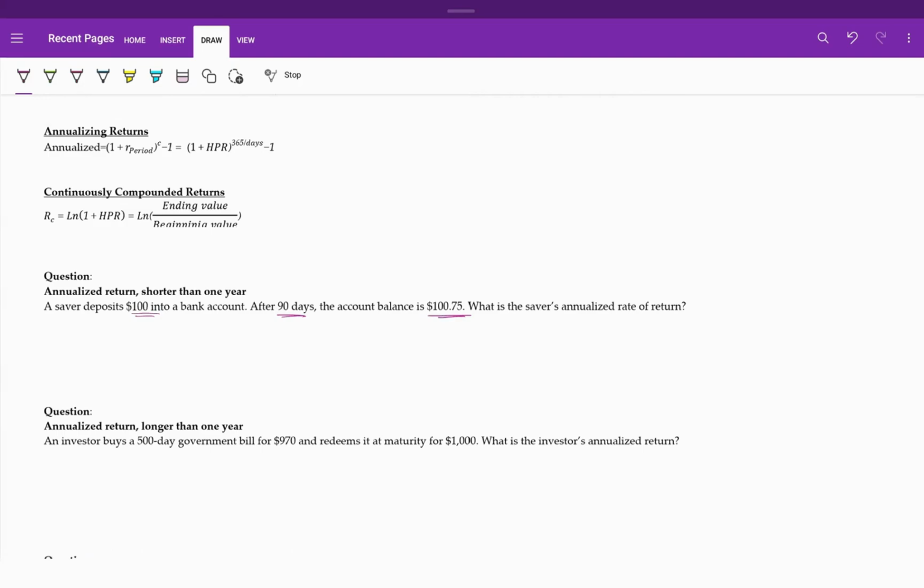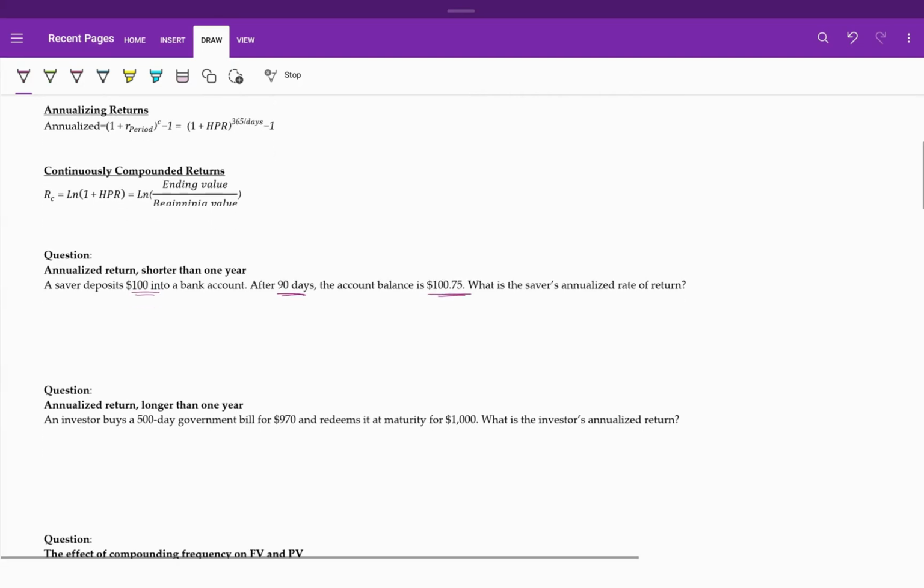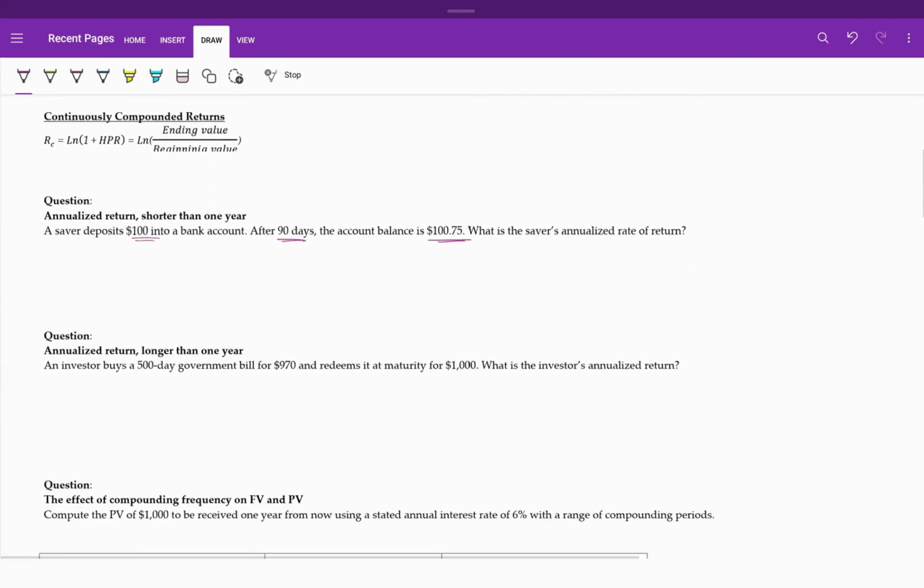One thing is that you can simply plug these numbers in the formula, or you can actually calculate it using the holding period. So understand this: for 90 days, the closing balance is 100.75.